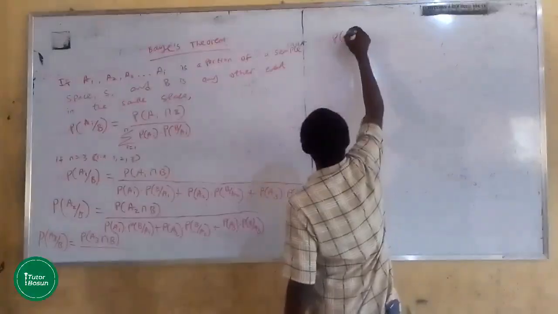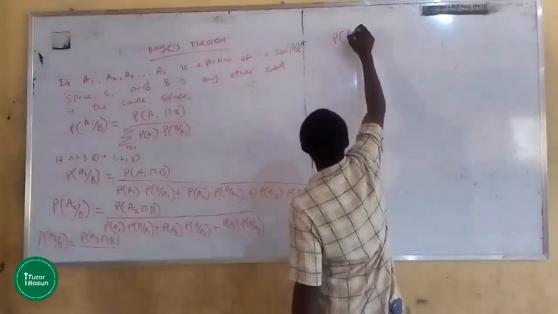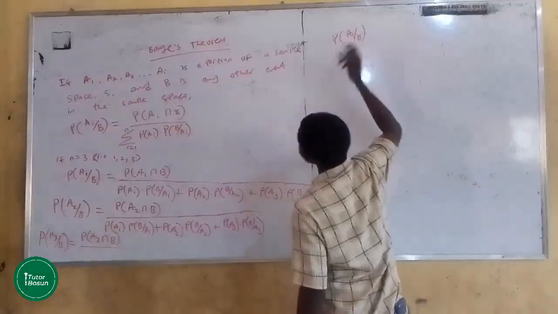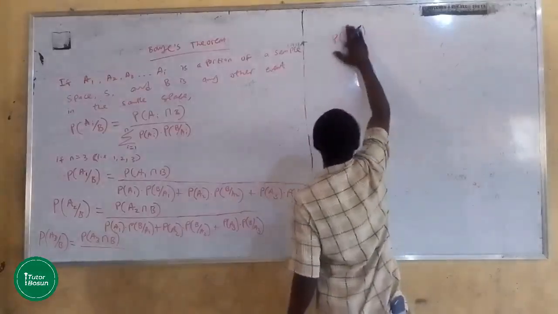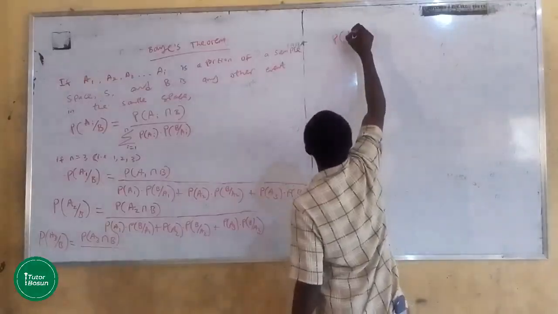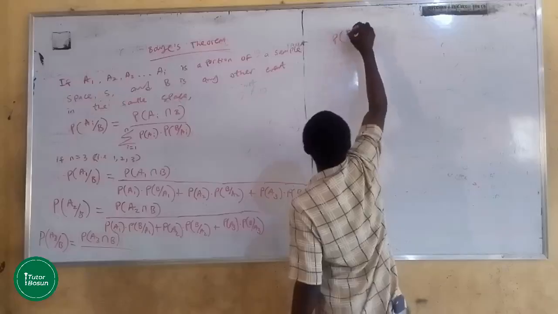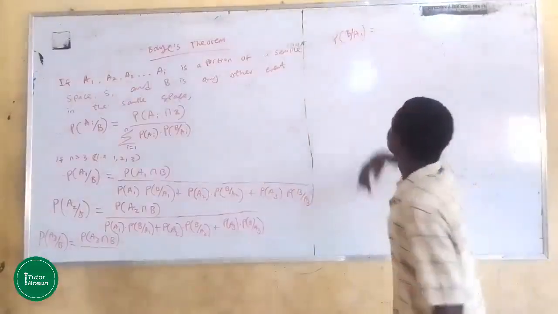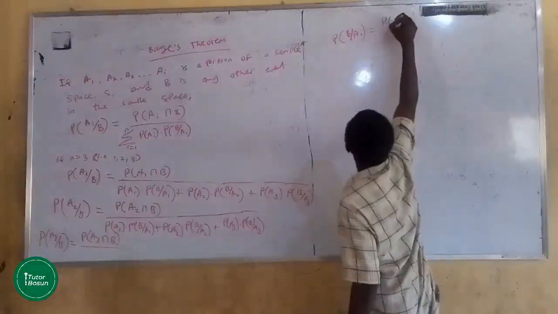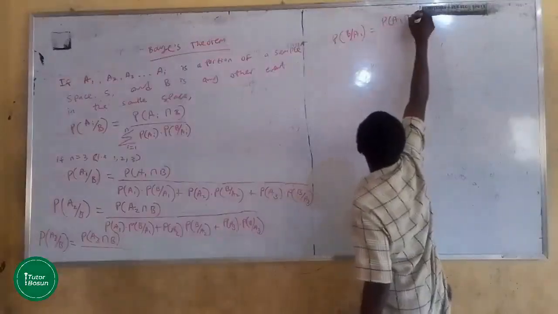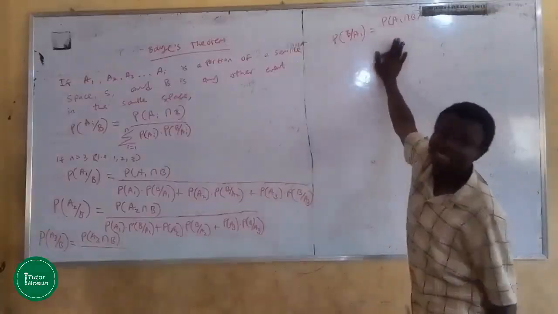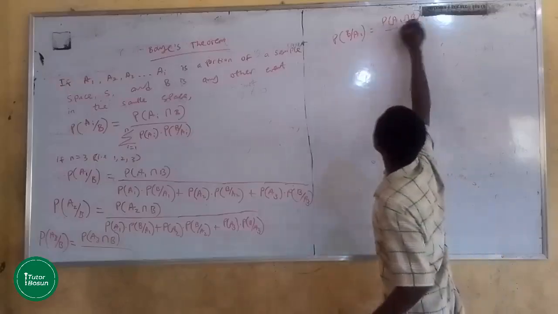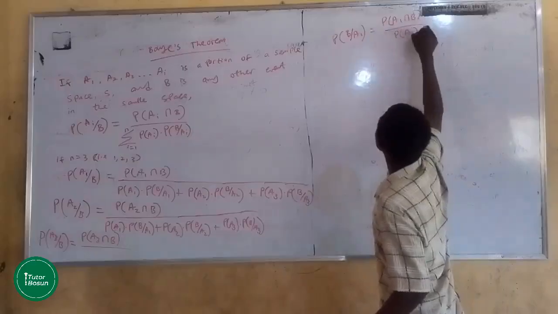The conditional probability of B given A1, if you want to write it in the form of conditional probability, you can write it as the probability of A1 intersection B, normally it should be B intersection A1, but it's the same thing, B intersection A1 and A1 intersection B are the same thing, over the probability of A1.